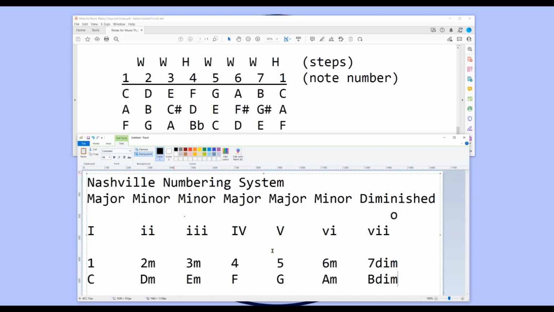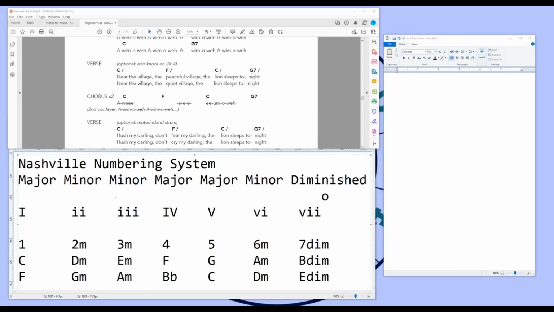I'm going to pause here, and we'll talk a little bit about common chord progressions. You'll see in the example we're working out, I also put the chords for the key of F just down here as an example.